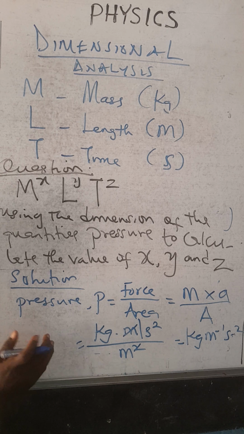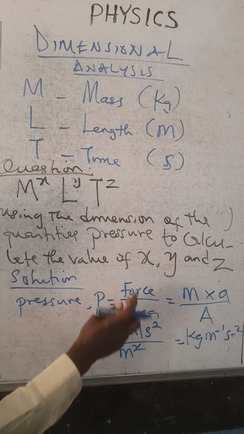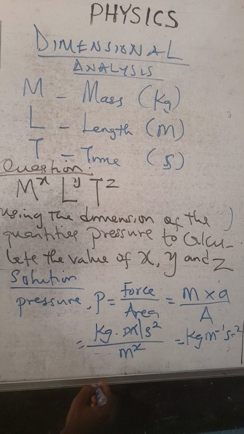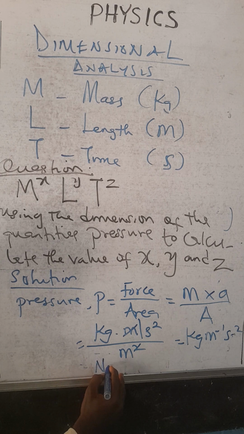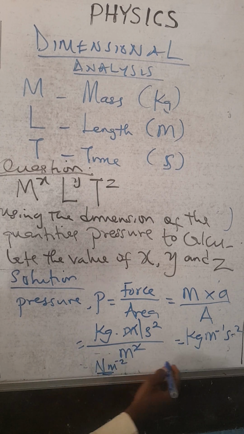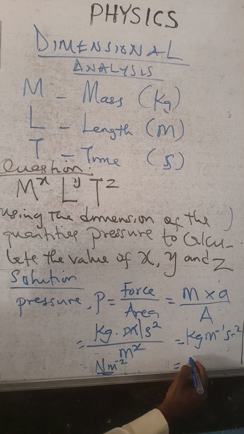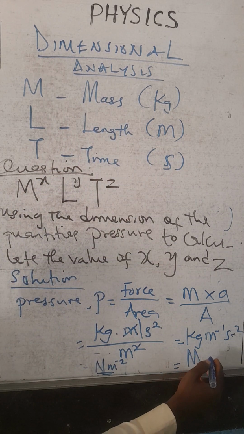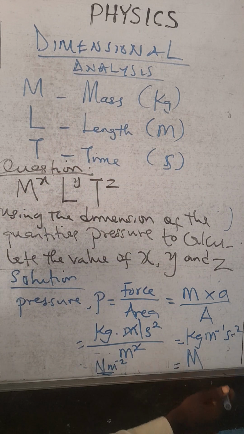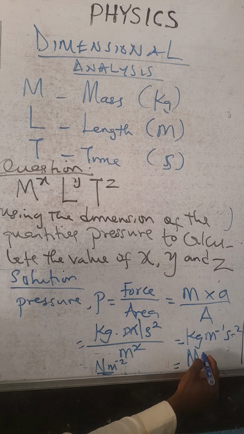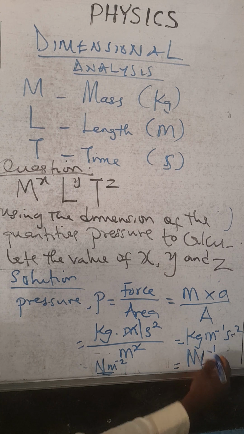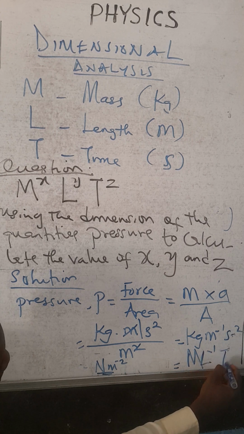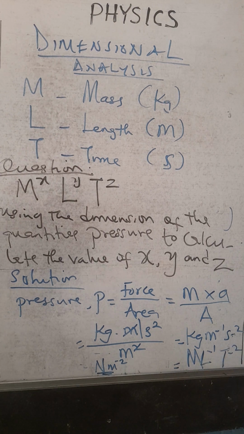Although the fundamental unit of pressure is force over area, which is Newton per meter squared. But in this case, finding the dimension, we say kilogram, which is represented by M, and your meter, which is represented by L, then seconds, T to the power minus 2.